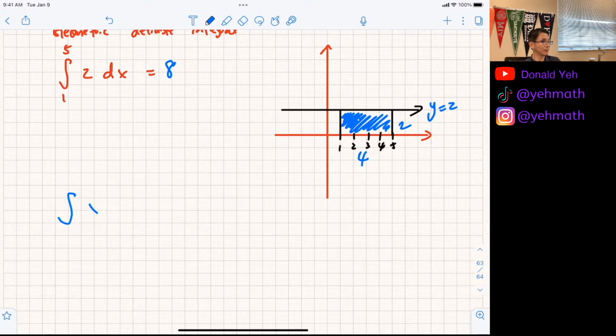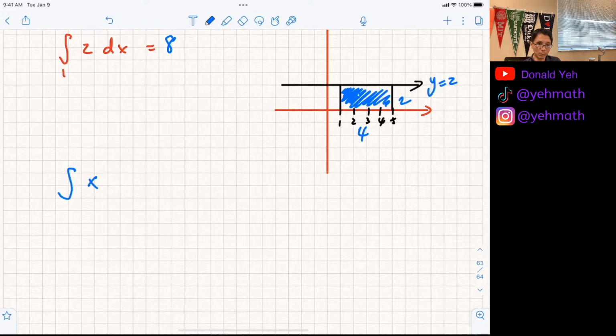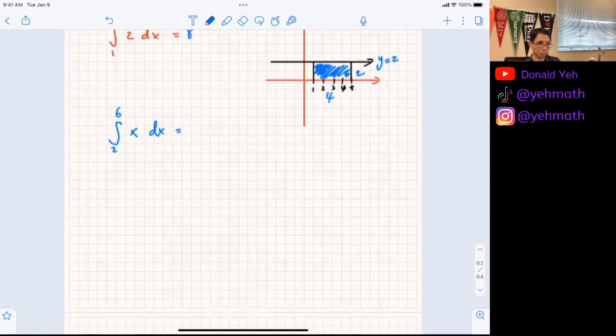So 1 to 5. Okay, so how about this? You've got to think about the graph. You got an answer already? Good.